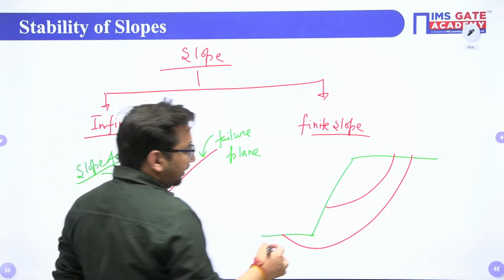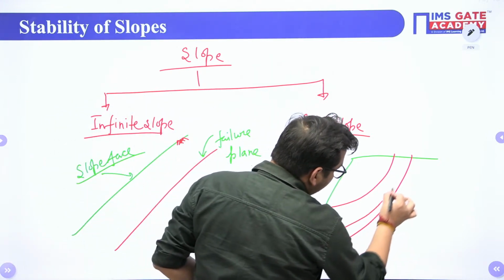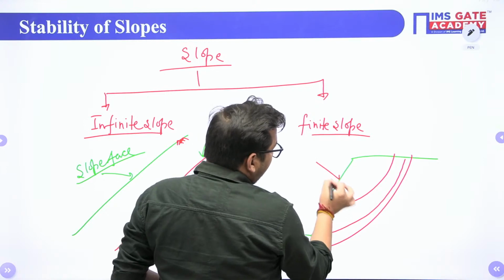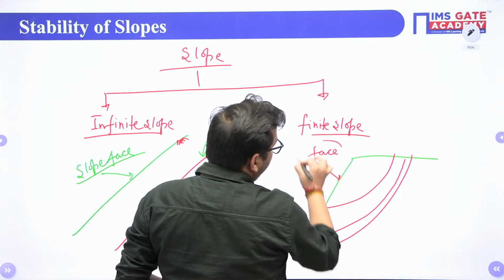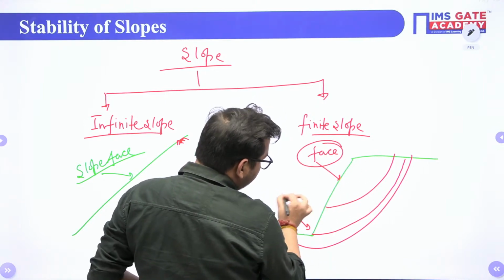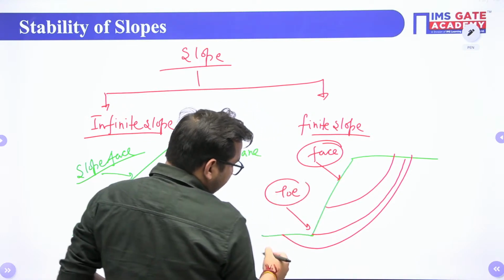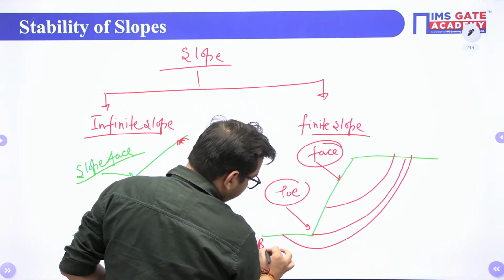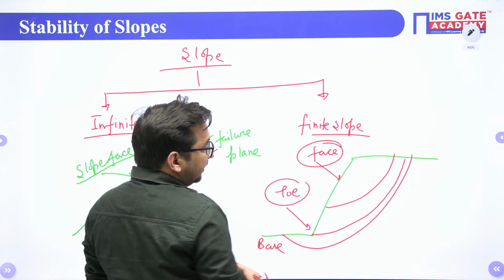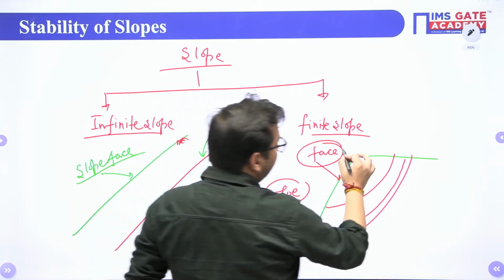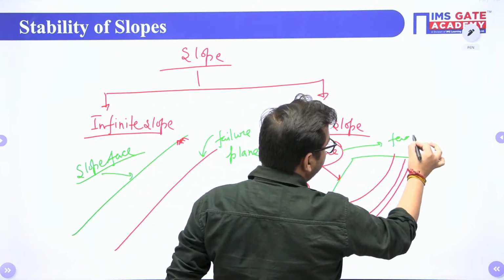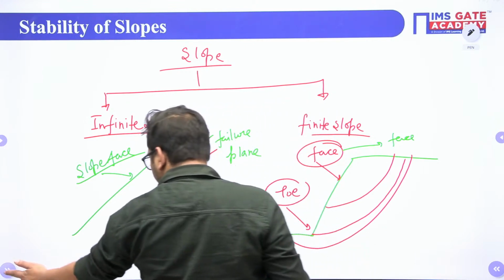So there can be different types of failure. This part we call the face of slope. This point we call the toe of slope, and this is your base of slope. Clear? If the face of slope fails, we call it a face failure.